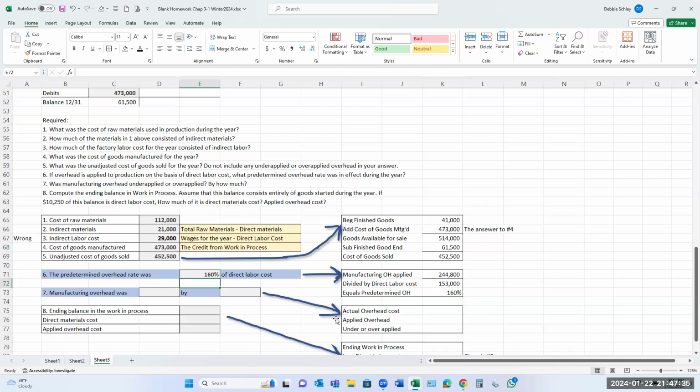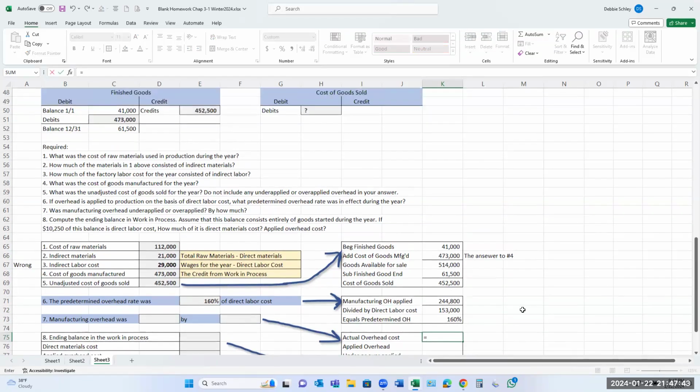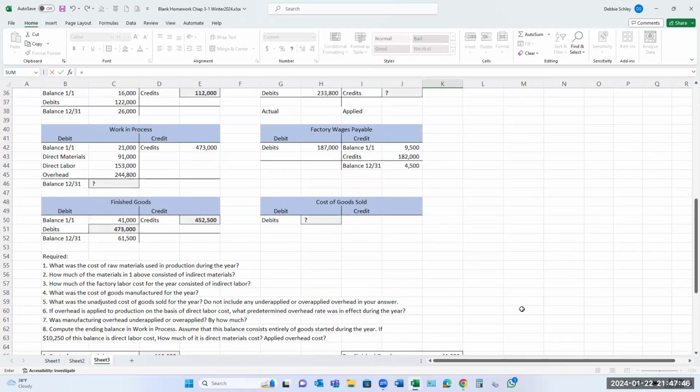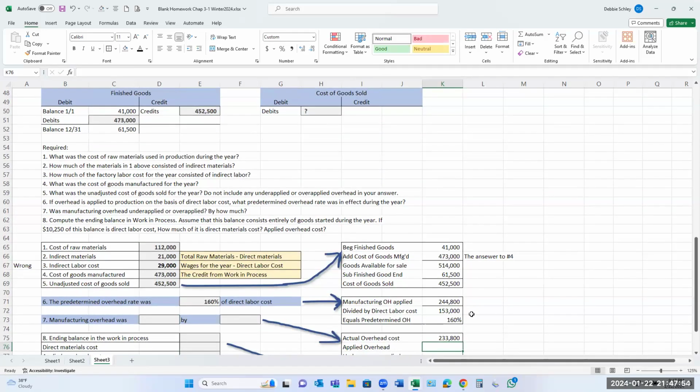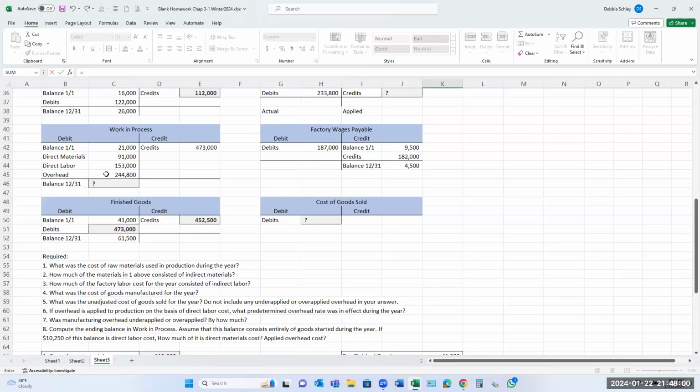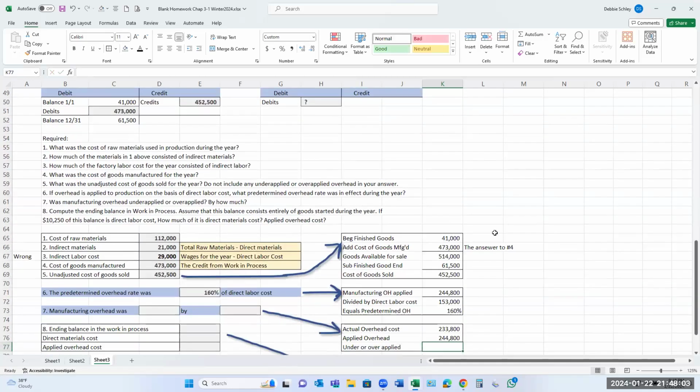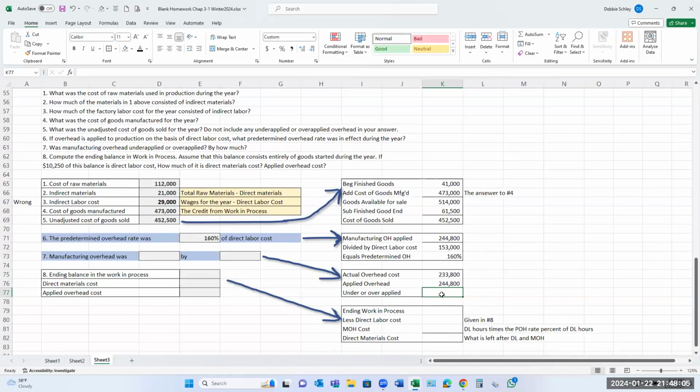Okay. Now, actual overhead cost. That's going to be the debit to manufacturing overhead. And applied, that was in work in process, right? Manufacturing overhead. So did I over apply or under apply? This is what I applied. This is how much at the beginning of the year I thought it was going to be.